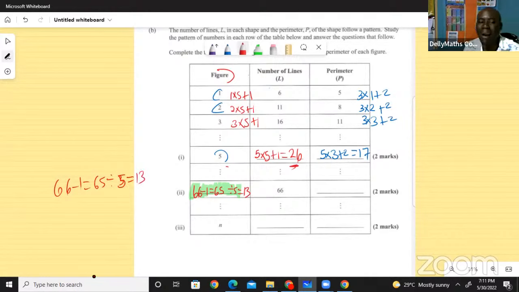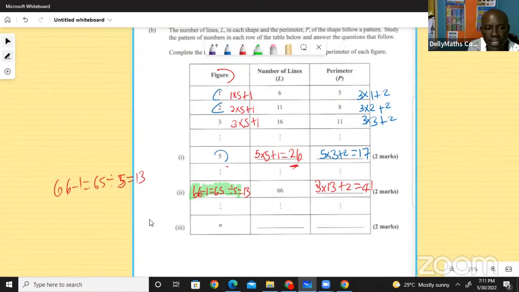So you're thinking backwards, all right? Then now, if I have the 13, I could go forward because it's going to be 3 times 13 plus 2. And there is my 41. That's how we have to take our time. Navigate and walk through, study, reverse, inverse, stuff like that as you go forward.